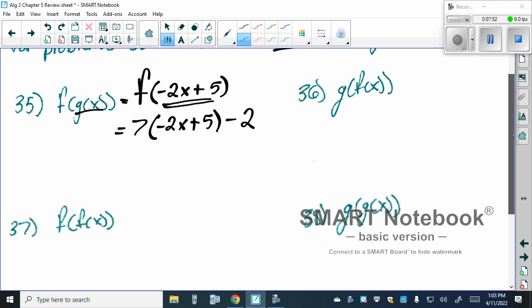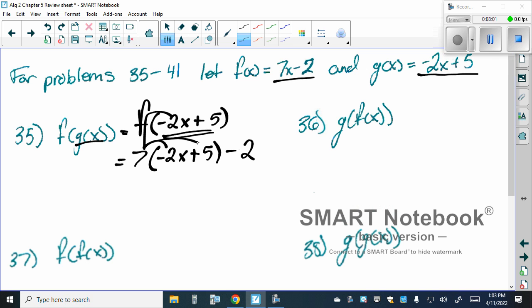And now we'll just need to simplify. The first thing we'll do is multiply through by 7. 7 times negative 2x is negative 14x. 7 times 5 is going to be plus 35 minus 2.